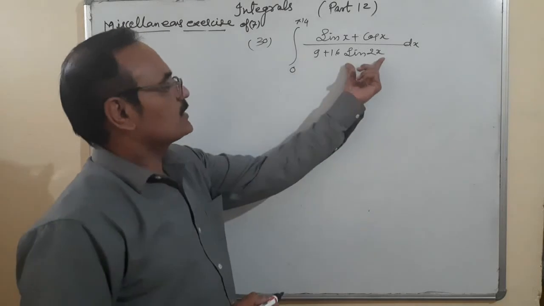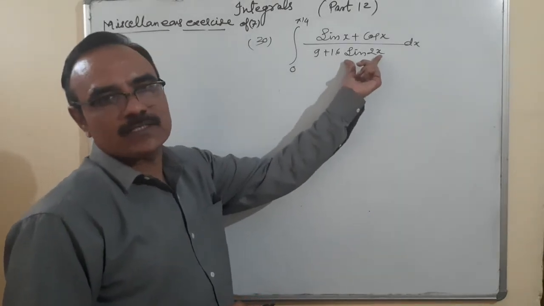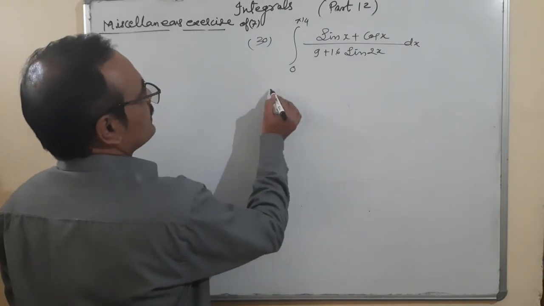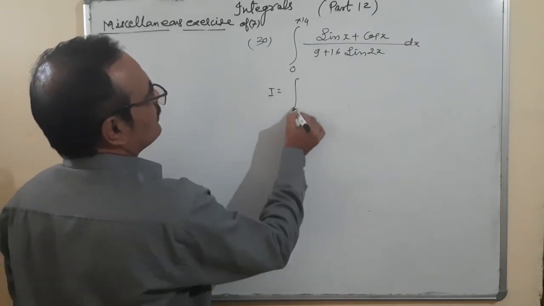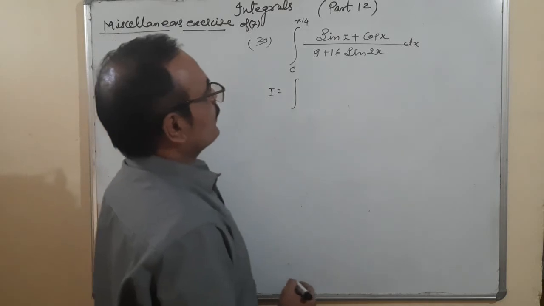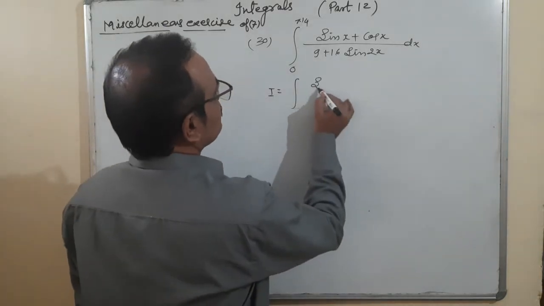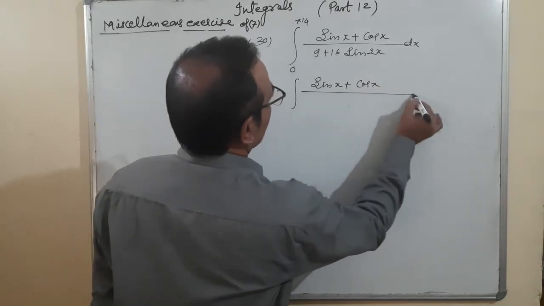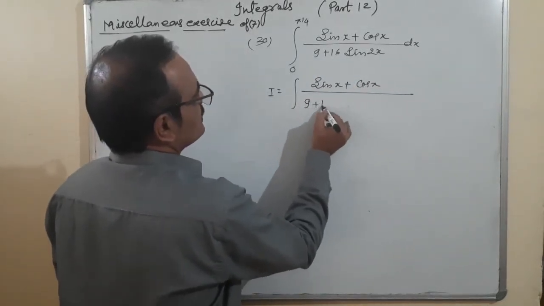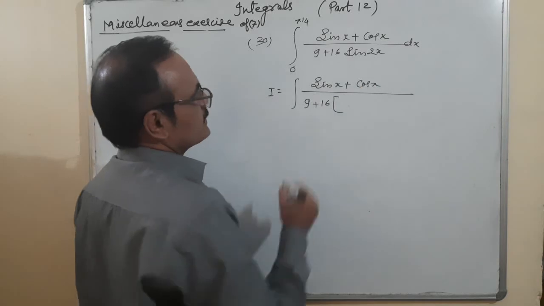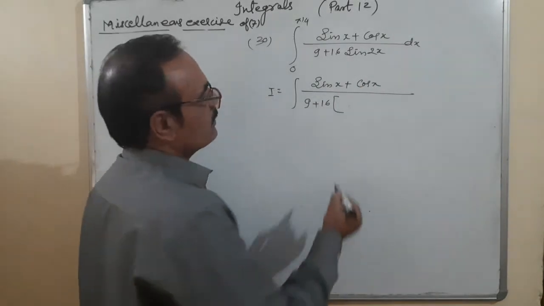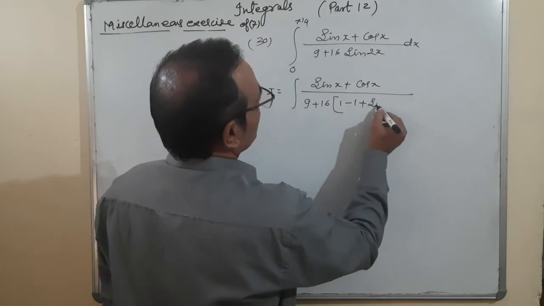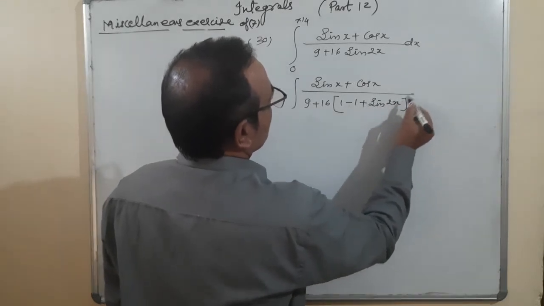Again, this is to be created in the form of sin x minus cos x, so that it becomes sin x plus cos x in the numerator. Okay, so (sin x plus cos x) upon 9 plus 16 sin 2x, and I may write here 1 minus 1 plus sin 2x, dx.